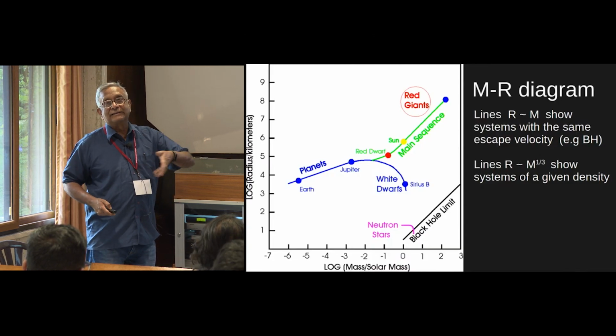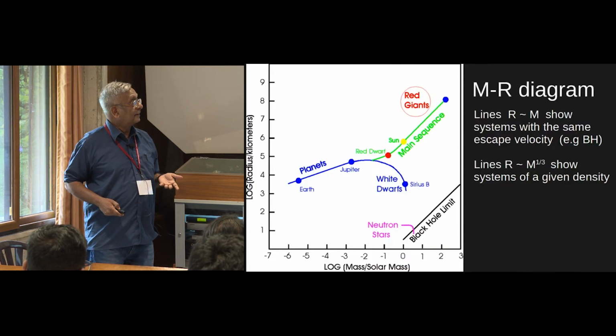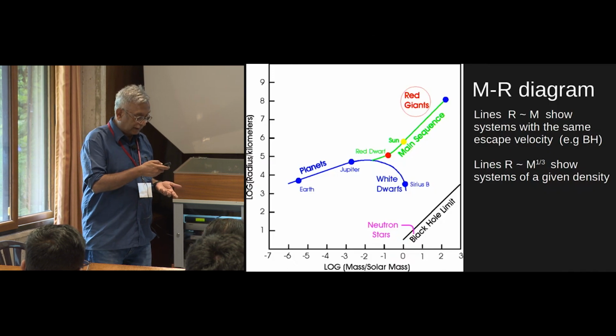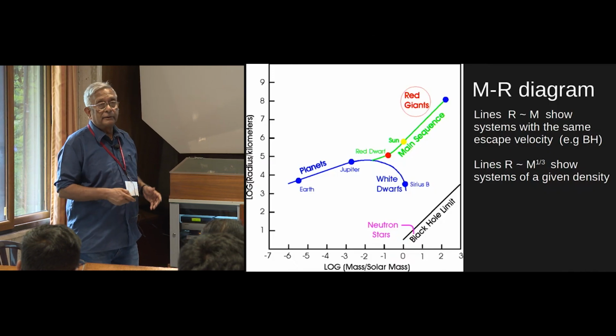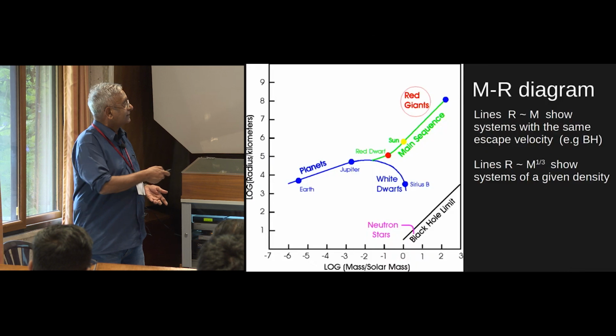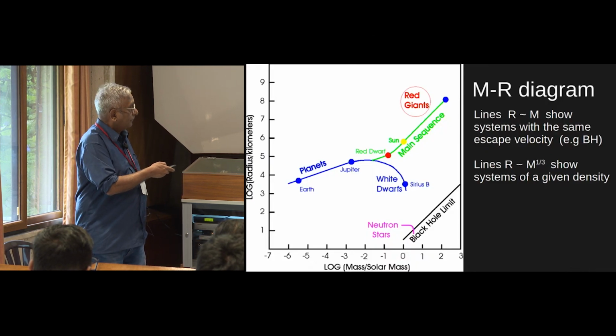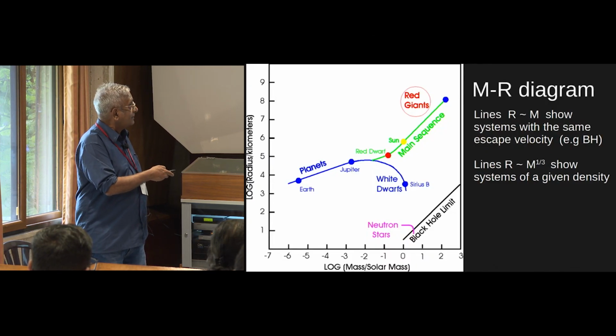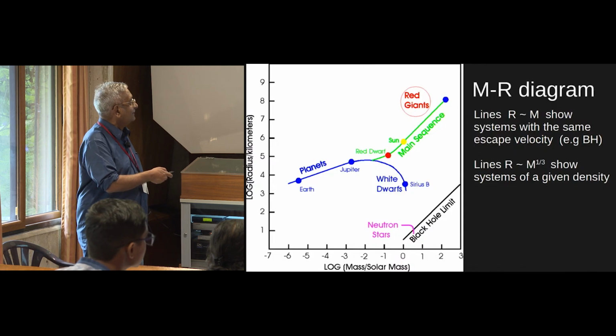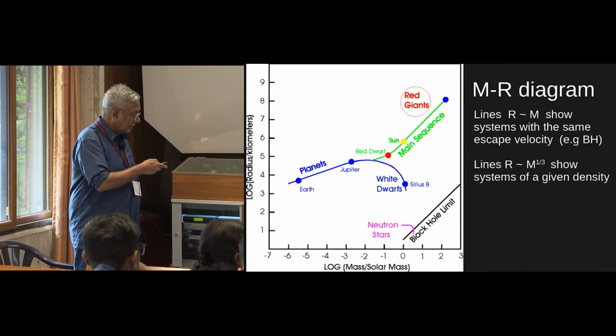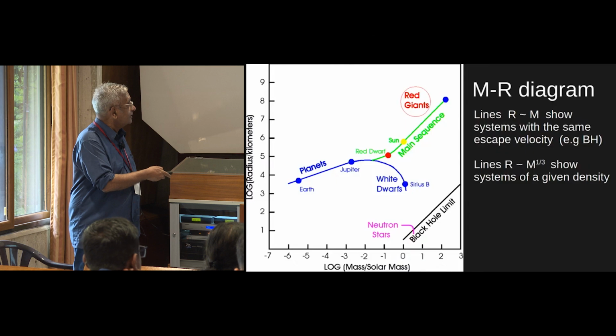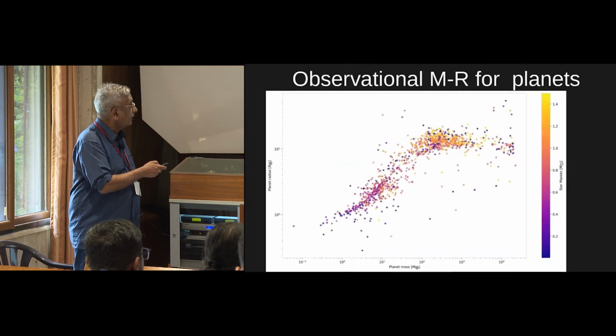But at some point when pressure ionization takes place, which was pioneered by Kothari, you get free electrons and they are easier to compress. So these white dwarf stars actually are the same size as the Earth. But look at the mass, it's much bigger, right?